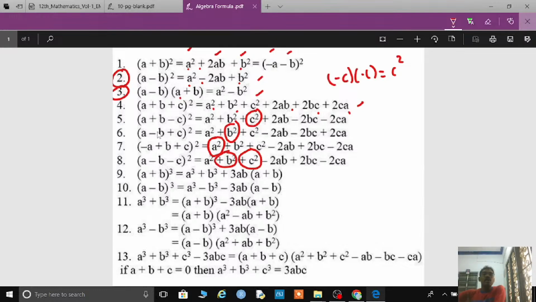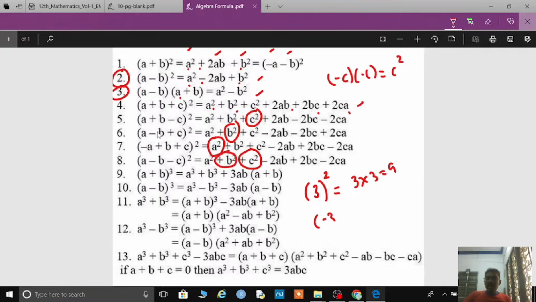So don't need to bother about the first three terms, a square plus b square plus c square. Whatever may be the negative numbers or positive numbers, if you square the positive numbers, it will become a positive result. If we square the negative numbers, it will also give a positive result. Let's consider an example. 3 square is 3 into 3, which is equal to 9.